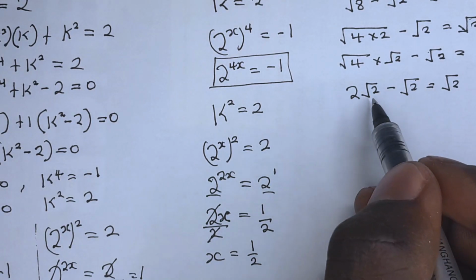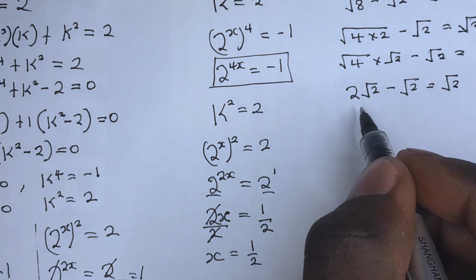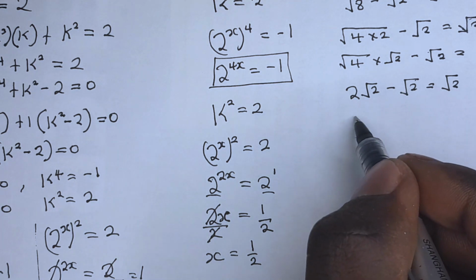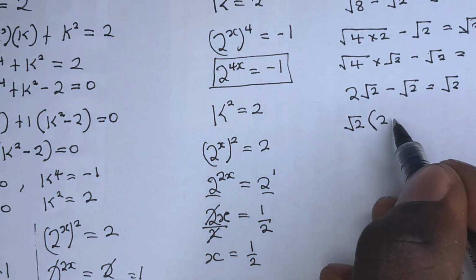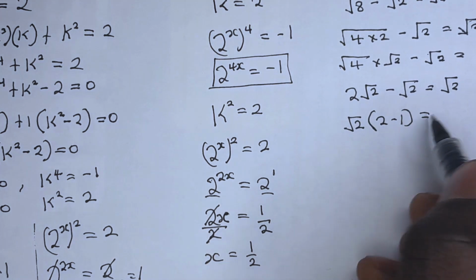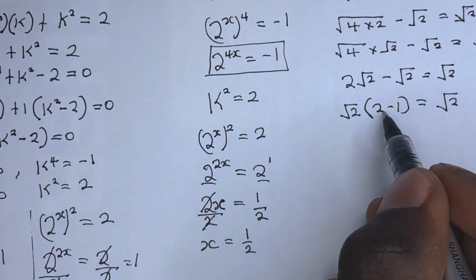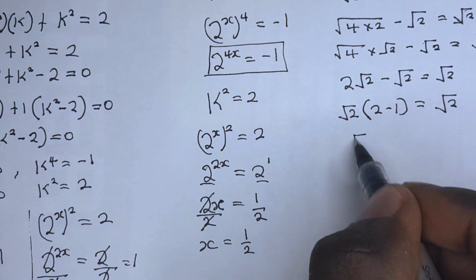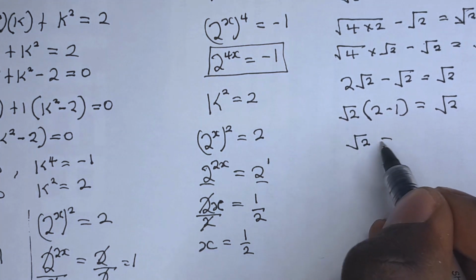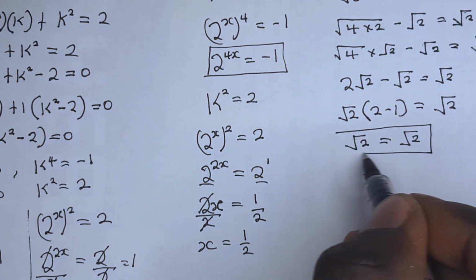We have square root of 2 in common, so we can factor square root of 2 outside. Square root of 2 in bracket 2 minus 1, which is equal to square root of 2. And 2 minus 1 is 1, and square root of 2 times 1 is square root of 2. Square root of 2 is equal to square root of 2, which is correct.